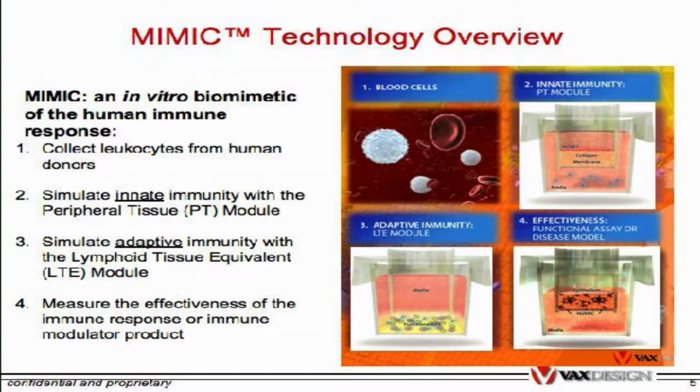An adaptive immune response module, which is what happens in a lymph node, and we call that the lymphoid tissue equivalent module. And then we also have functional assays that we use to assess whether the antibodies that are being produced or the cellular responses that we're seeing in our system are actually indeed efficacious or of some function.